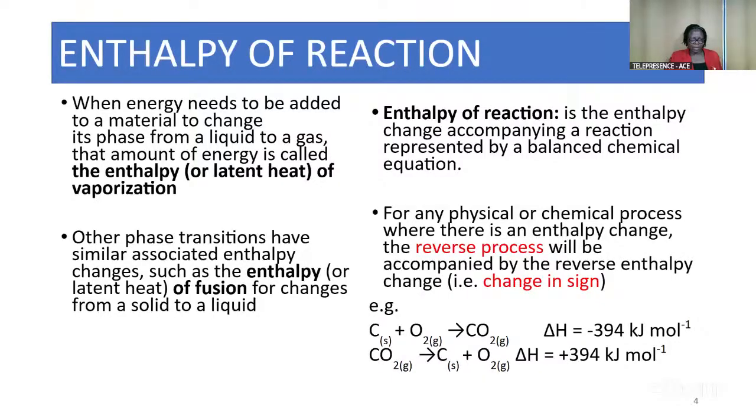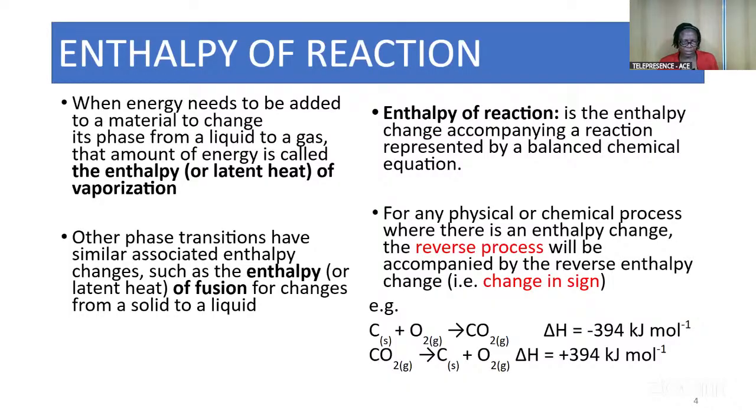When you need to add energy to a material to change its phase from liquid to a gas phase, for example, the amount of energy that you put in is what we call latent heat of vaporization, because you are changing the state of that substance from liquid to gas, forming vapor. So that makes it easy for you to know. Enthalpy of vaporization, that is what we call it.